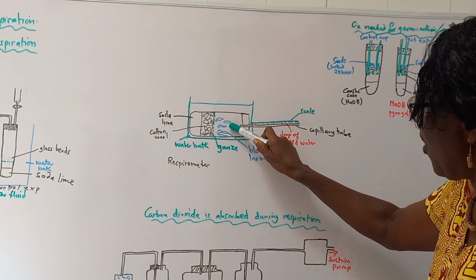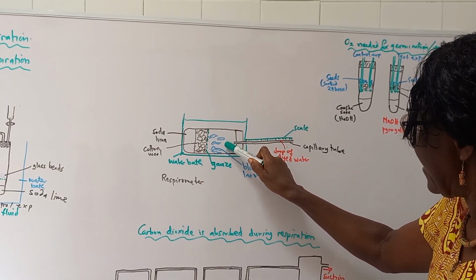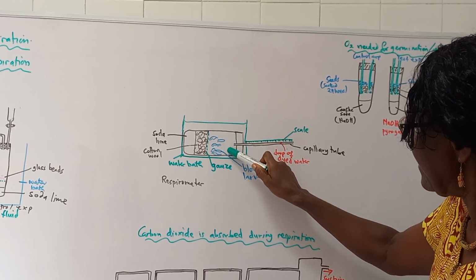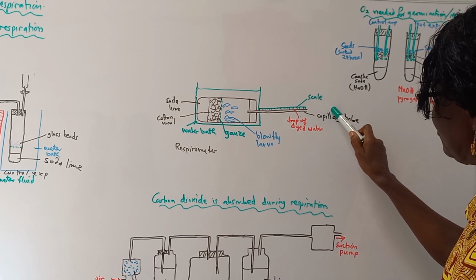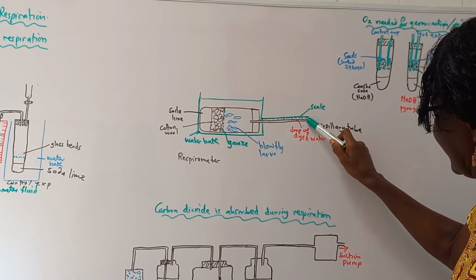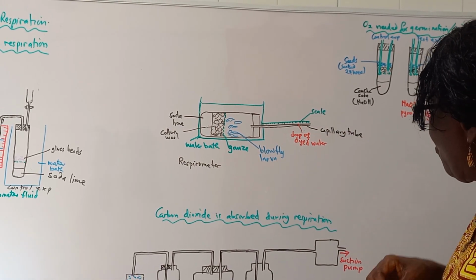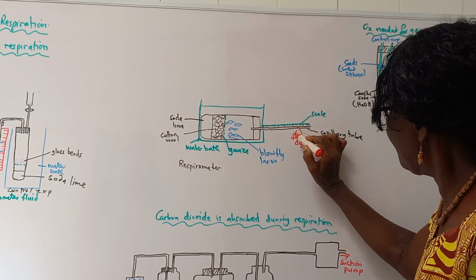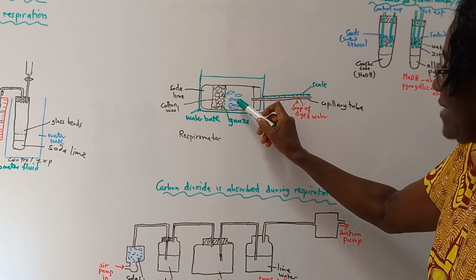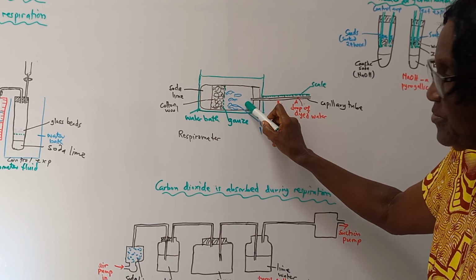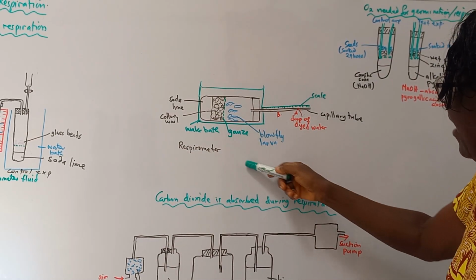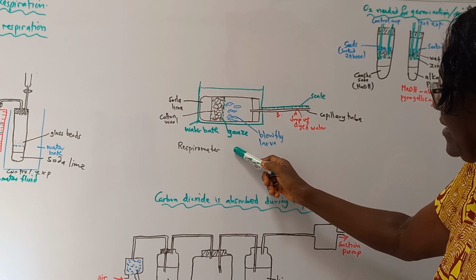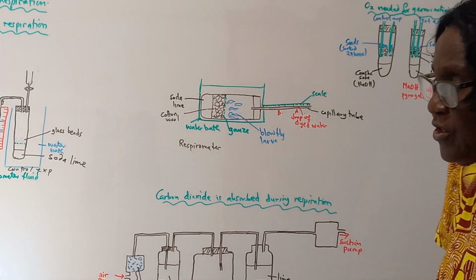It absorbs the oxygen for respiration, and so the pressure in this container reduces, and so atmospheric pressure presses here, and so the drop of water will move from A to B as the organism absorbs oxygen for respiration. This is a simple respirometer. We'll look at how we can use it to calculate the rate of respiration soon.